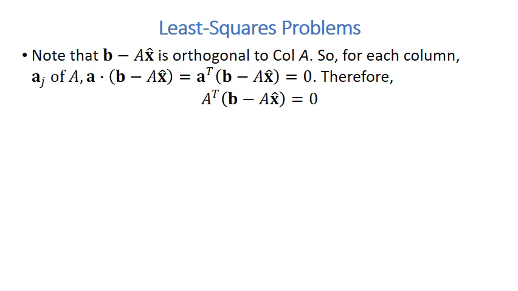So we know that b minus A x hat is orthogonal to Col A, the column space of A. So for each column, we can end up with the following conclusion. The transpose of A times (b minus A x hat) must equal 0, again, because of the orthogonality.